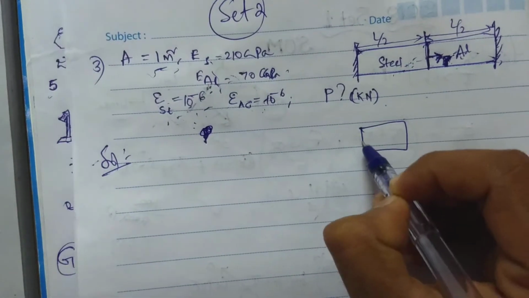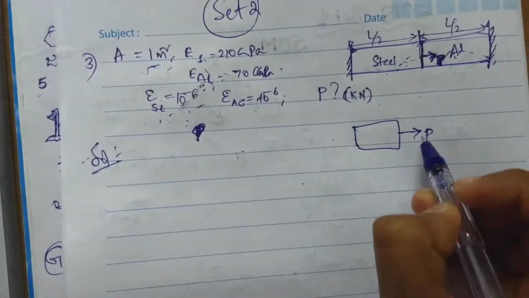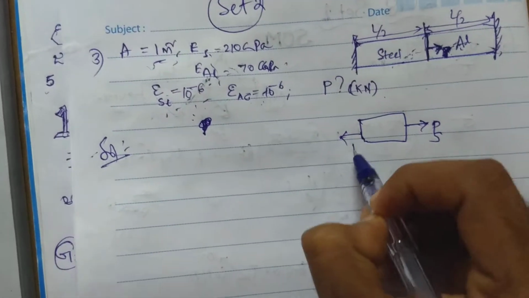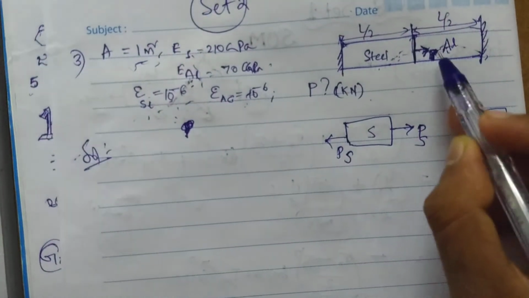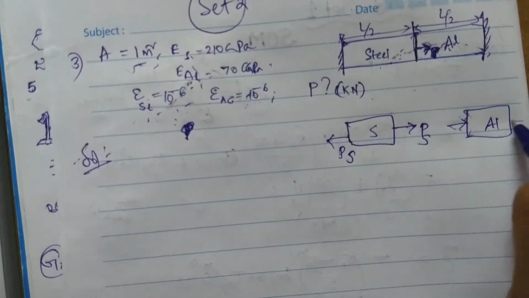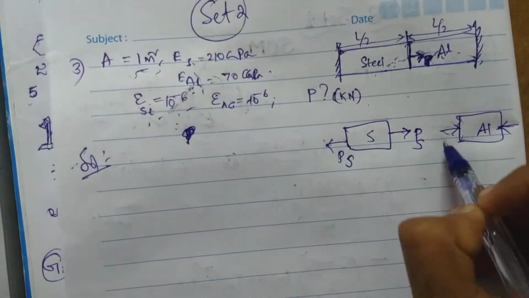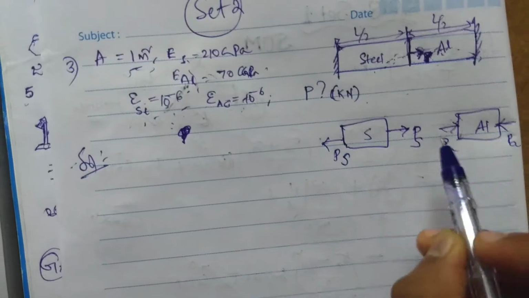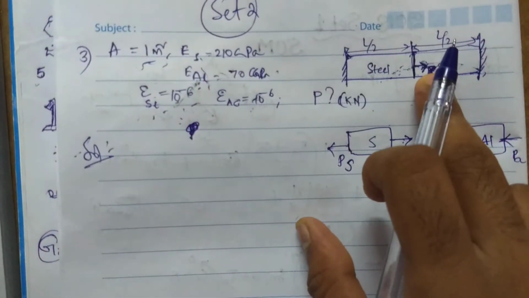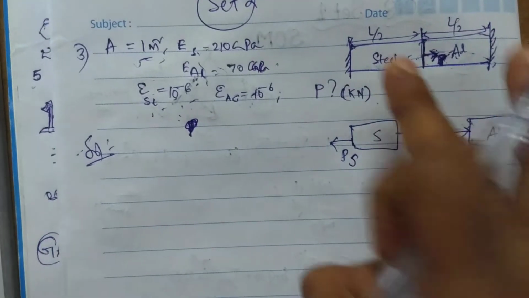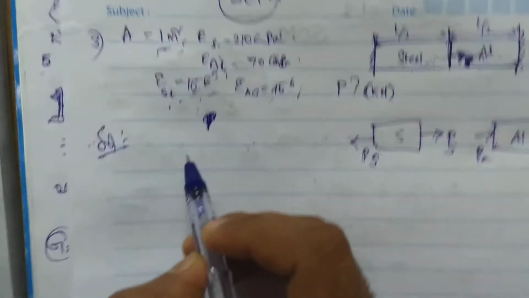So for steel it is tensile, let us say PS, and for aluminum it is compressive in nature, right? So it is PA. The sum of PS and PA will give the P. Okay, P is distributed as PS and PA for both these materials.